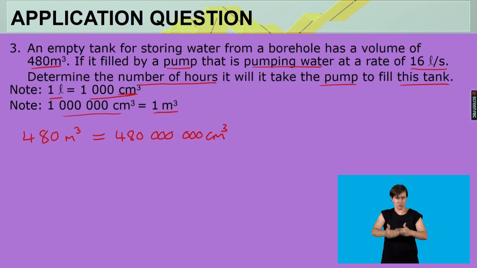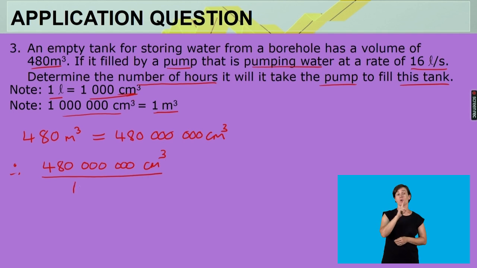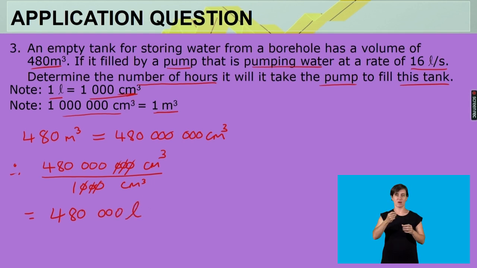So therefore, I will take the 480 million cubic centimeters and divide it by 1,000 cubic centimeters, so that I can end up with a liquid. So that will be 1, 2, 3, 1, 2, 3, just to save us time. So therefore, this will give us 480,000 liters.